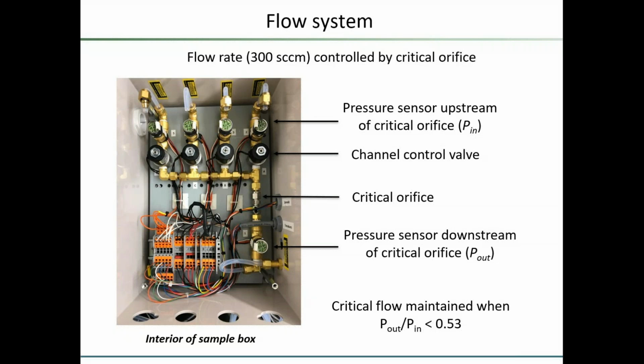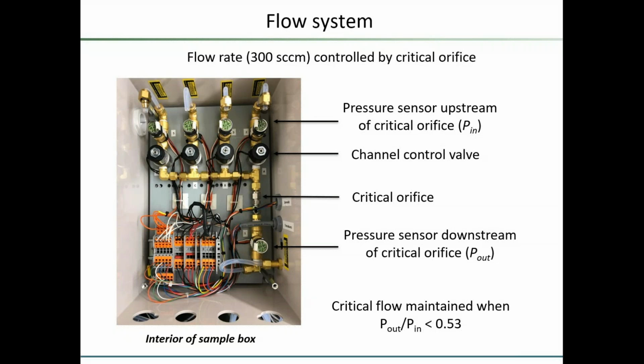So the way this system is designed is that we measure the pressure in the airstream upstream of the critical orifice, and then you can see the channels that control the opening and closing of the valves that open and close the four different channels, so that we can sample onto one channel at any given time.